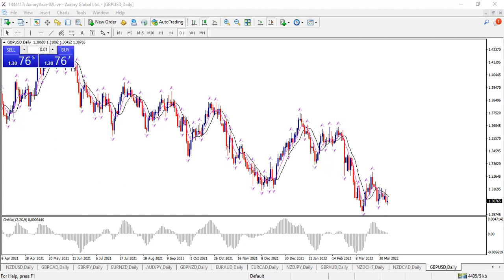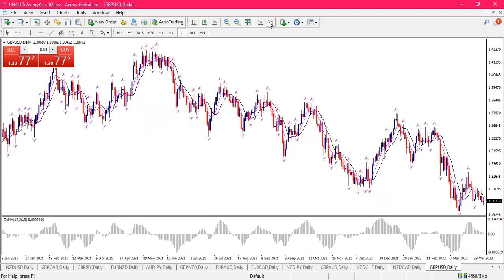Right straight into the strategy, like I said, I trade it on the daily time frame. That's where I take my trades from, and I'm currently on the daily time frame now. I'm going to explain the chart setup so that you can understand why I have my chart like this.